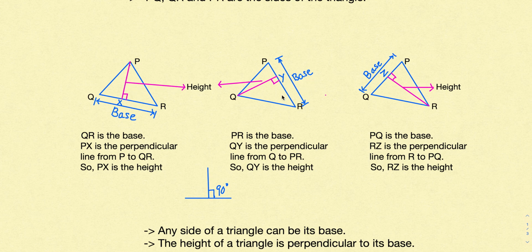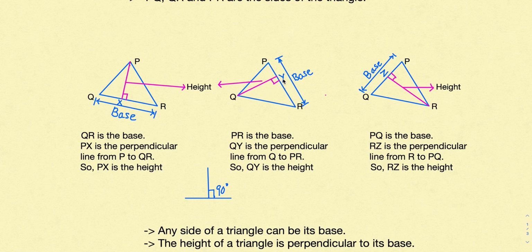But let's say in place of QR, I choose PR as my base, then the height also changes. It's no longer PX. Now again we have to draw a perpendicular line from Q to PR. You can see here PY is a perpendicular line from Q to PR.